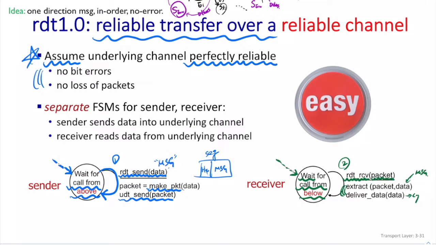Because the underlying channel is perfectly reliable, the packet will go to the receiver and be forwarded by its layer 3 to the layer 4 program. So the layer 4 program is very easy. It only has to extract the packet and deliver the data, and that's all.